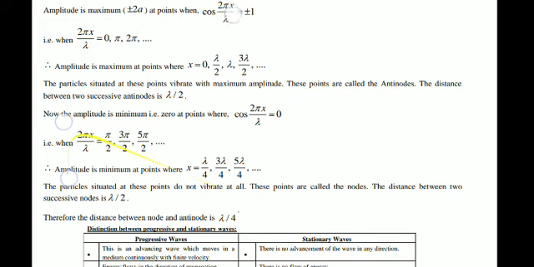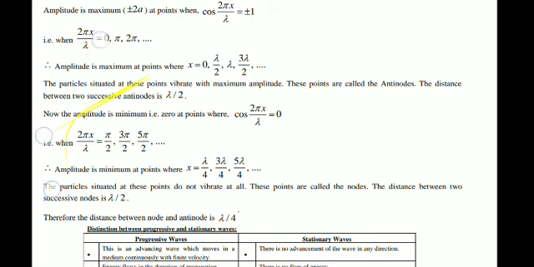When the angle, 2 pi x divided by lambda, is either 0, then cos of 0 is 1, or pi. You know that cos of 0 is plus 1, cos of pi is minus 1, cos of 2 pi is again plus 1, cos of 4 pi is minus 1. So likewise we get different values of cos, and we have this plus and minus 1.